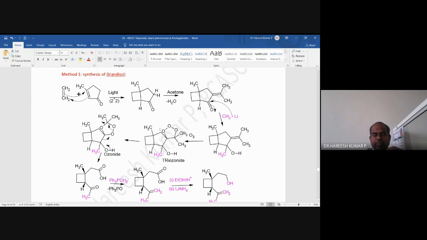Initially there will be a formation of a molozonide, with O, O, O forming a bond with the double bond.